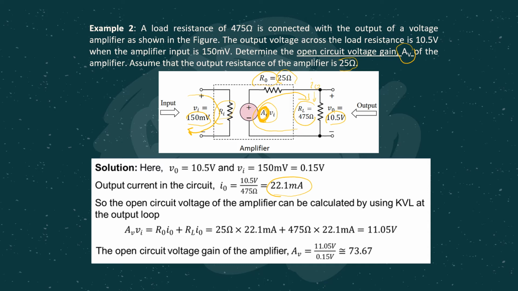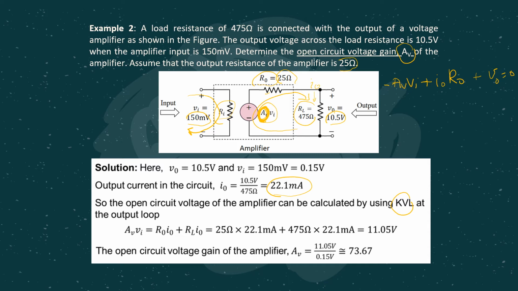So what you can do next, you already found I0, then for this one closed loop you can do KVL. Remember AVVI is just a voltage source, because AV is the gain, no unit, times VI, the voltage. So from this you can get one KVL equation: minus AVVI plus I0 R0, the voltage drop here, plus V0 equals 0.